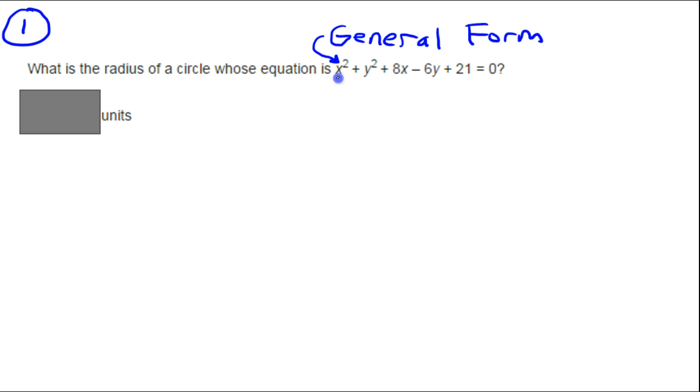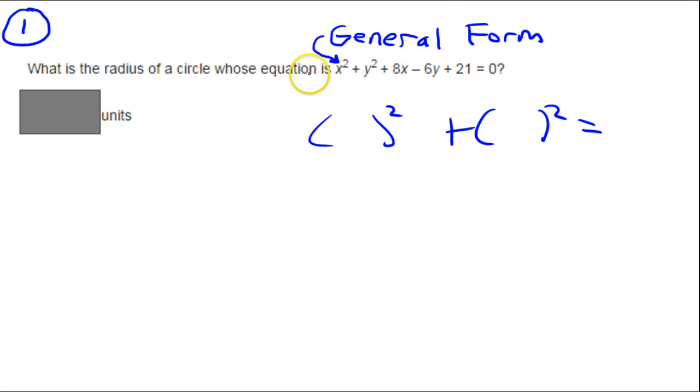So sometimes we arrive at an equation in general form and it doesn't have our nice parentheses in it. Okay, so at a glance there's no way to easily tell what's the center and what's the radius. And here this question is asking us, what is the radius? I don't know. I have no idea what the radius is right now.